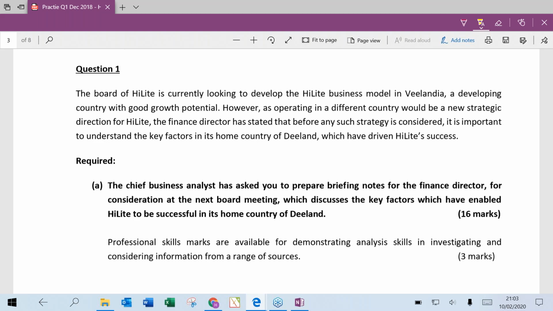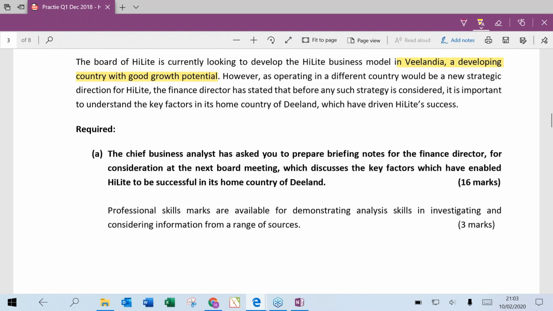However, as operating in a different country would be a new strategic direction for Highlight, the finance director has stated that before any such strategy is considered, it is important to understand the key factors in its home country of D-land which have driven Highlight's success. I saw something about Vilandia, a developing country with good potential.